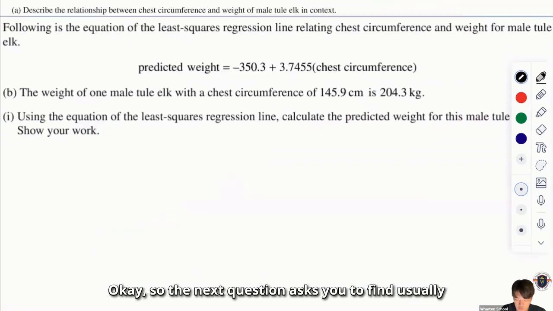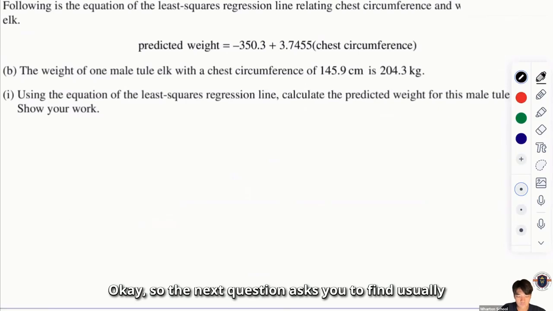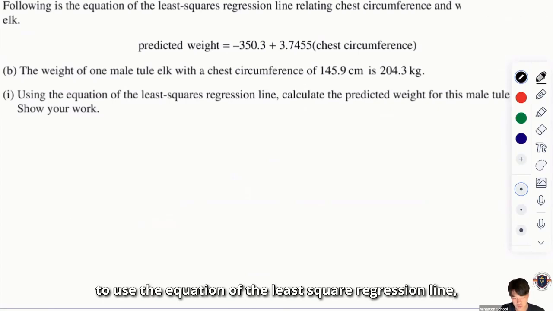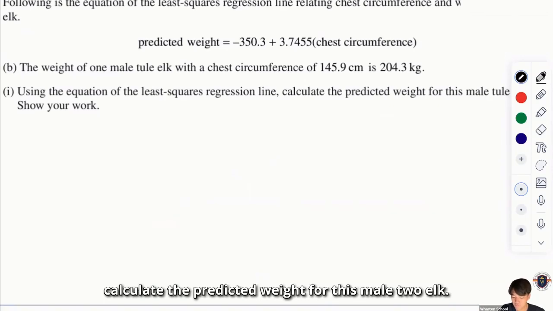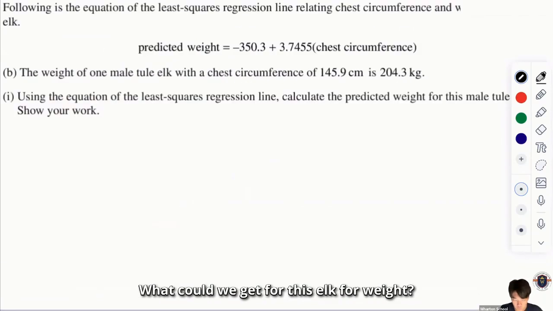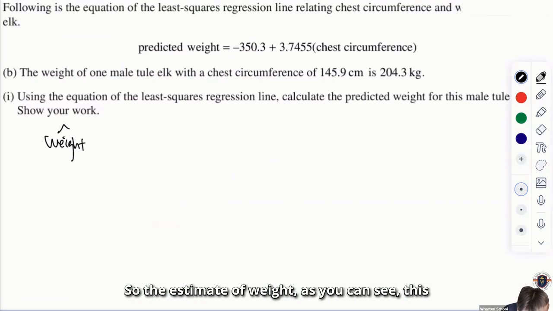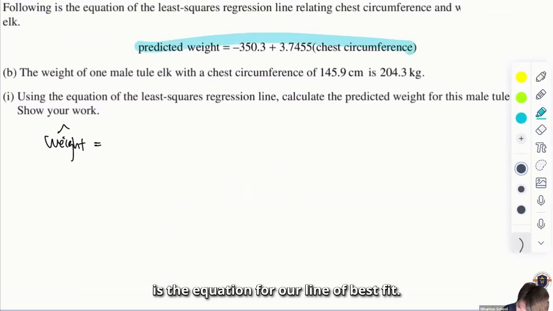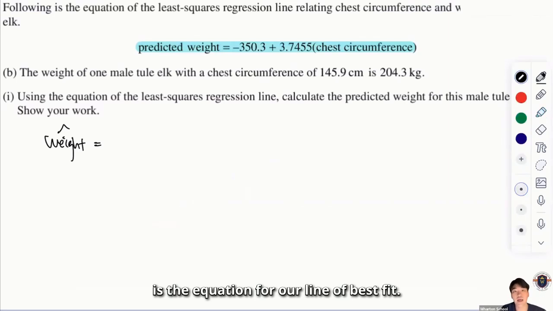The next question asks you to use the equation of the least squares regression line to calculate the predicted weight for this male teal elk. What could we get for this elk for weight? As you can see, this is the equation for our line of best fit.